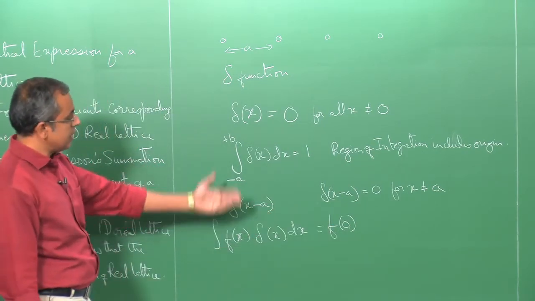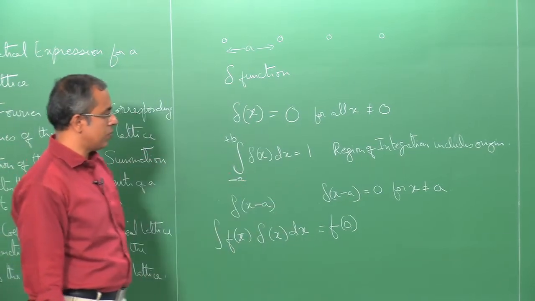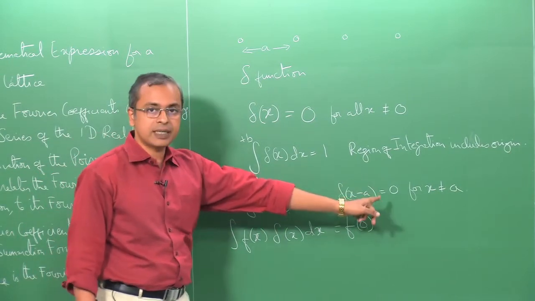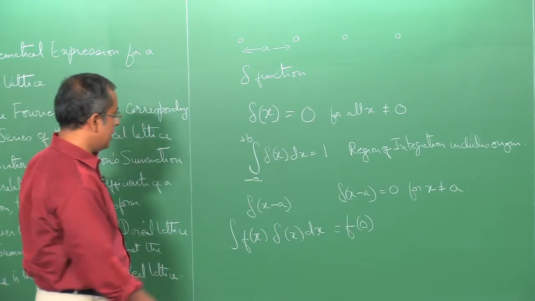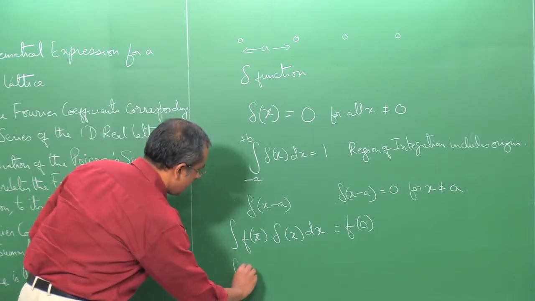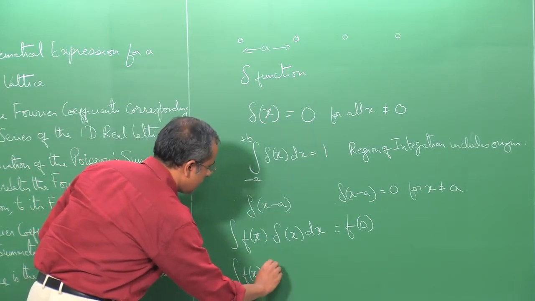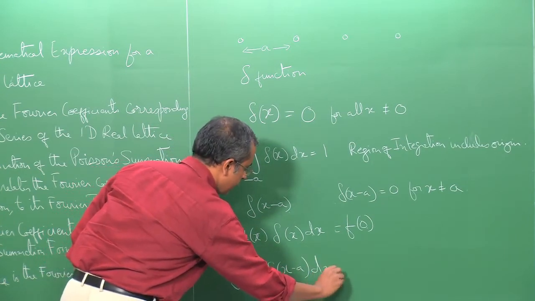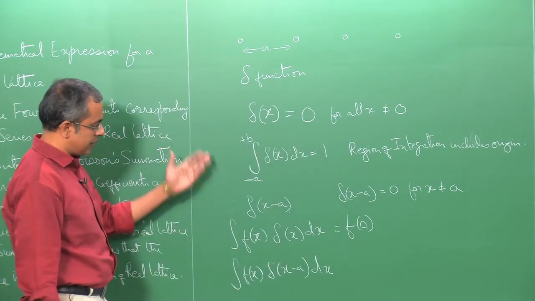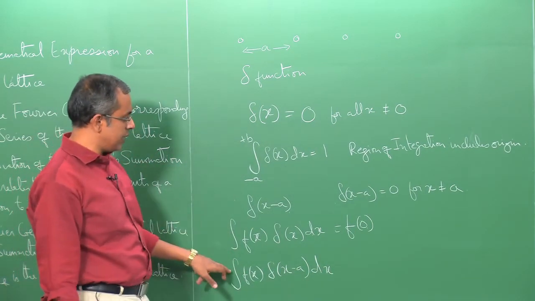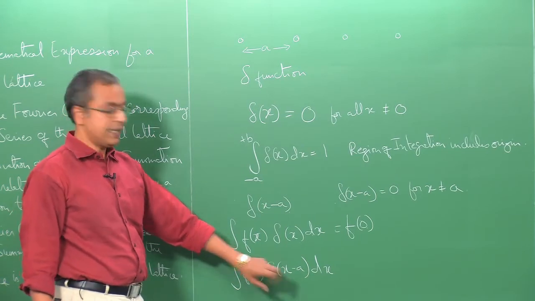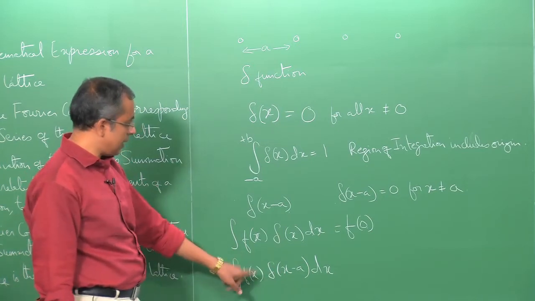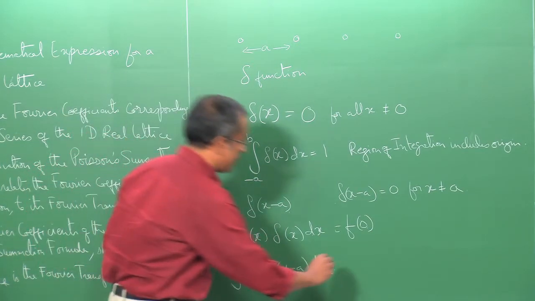Similarly, if you create your delta function such that it is now positioned at a location x is equal to a, then you can write f of x delta of x minus a dx. If you integrate this, say minus infinity to plus infinity, whatever you integrate it such that it includes the region x is equal to a, primarily it has to include the location x is equal to a, this will evaluate to f of a, that is all it will evaluate to.